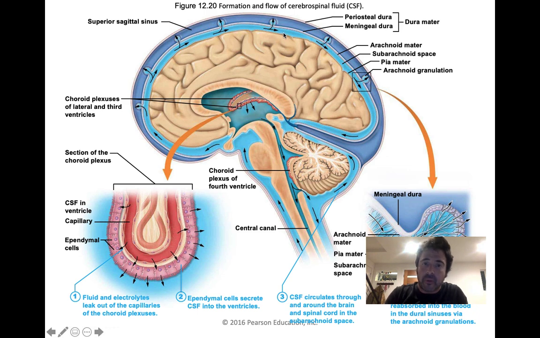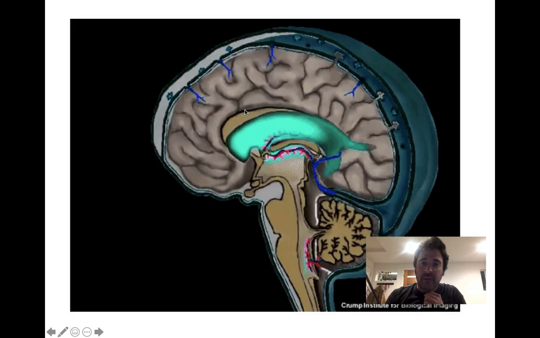The buildup of cerebrospinal fluid is going to put pressure on the brain and spinal cord, and that's not going to be a good thing. So think about what would happen with respect to the pressure of fluid flowing in that cerebrospinal fluid. We call it intracranial pressure. If there were problems with the arachnoid villi as opposed to if there were problems with what was going on in the choroid plexus.